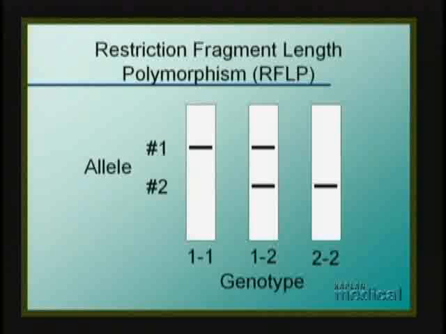Now, to illustrate what we mean by those terms, genotype frequency and allele frequency, in your book we discuss an example using restriction fragment length polymorphisms, or RFLPs. RFLPs are kinds of genes that we call DNA markers.